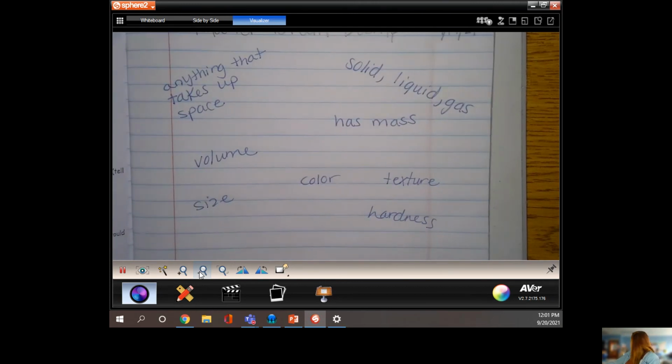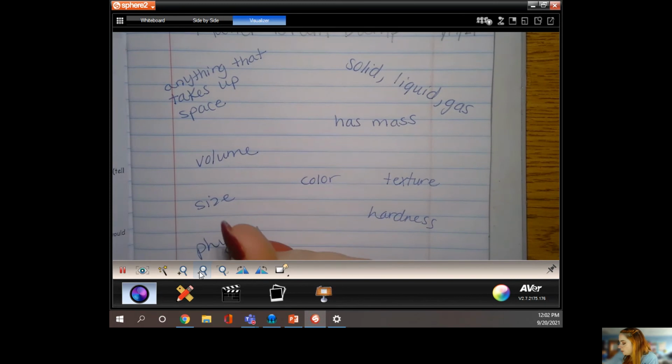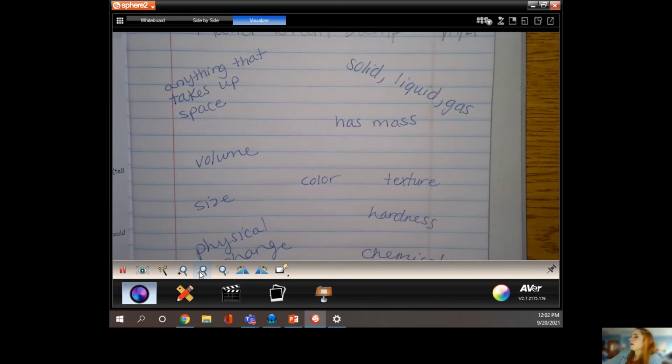What about changes in matter? What kind of changes are there? Zaid? There's physical change. Leah? There's chemical changes. Anything else we know about matter? Christiana?